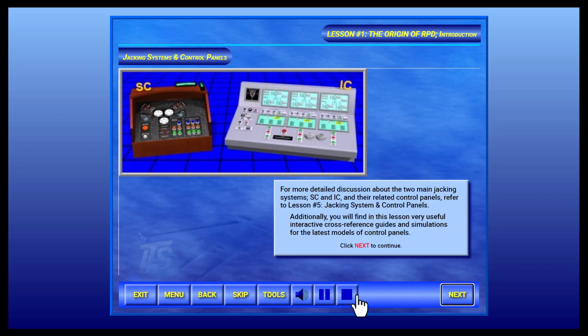For more detailed discussion about the two main jacking systems, SC and IC, and their related control panels, refer to lesson number 5, Jacking System and Control Panels. Additionally, you will find in this lesson very useful interactive cross-reference guides and simulations for the latest models of control panels.